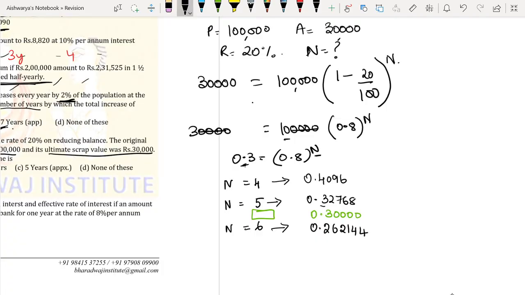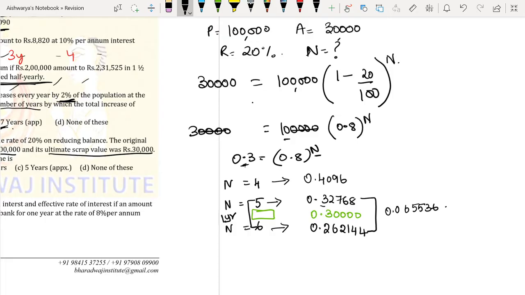How we are going to calculate exactly is, let us find the difference between these two. The difference between these two is 1 year. What is the difference between these two numbers? 0.065536.